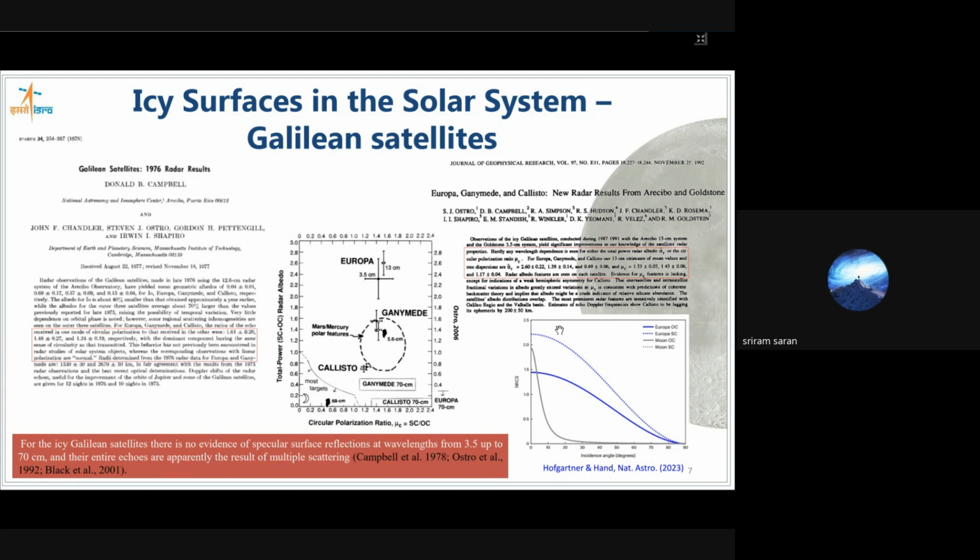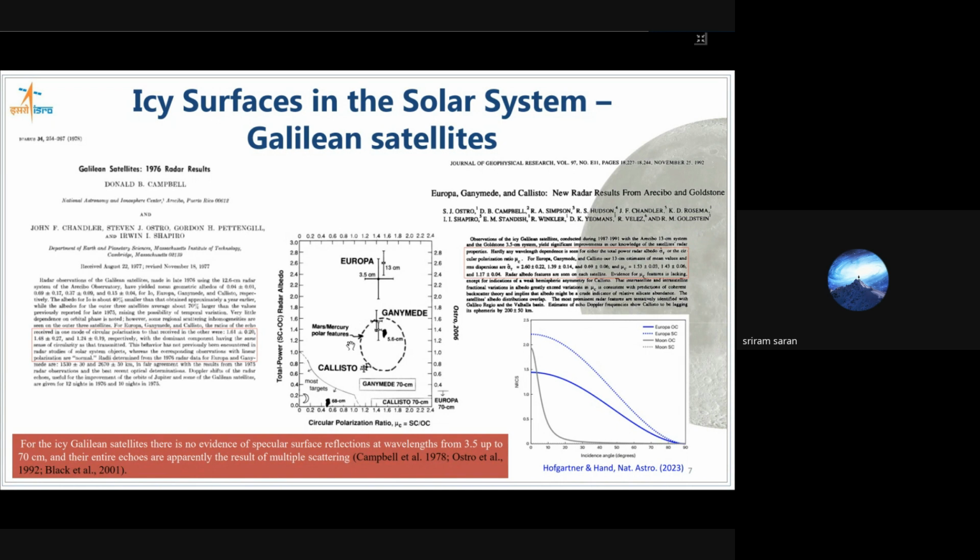The figure on the right, which is a very recent result, which has been examined again, shows the typical values of these CPR parameter compared for Europa versus the moon. So the gray line here is for the moon, and you can see the stark contrast between these icy Galilean satellites and the moon, as well as Mars and Mercury polar features, which you can see from the middle image.